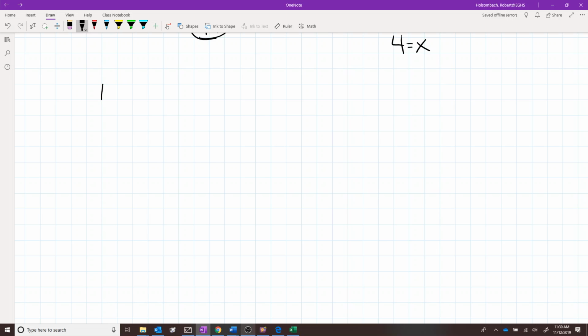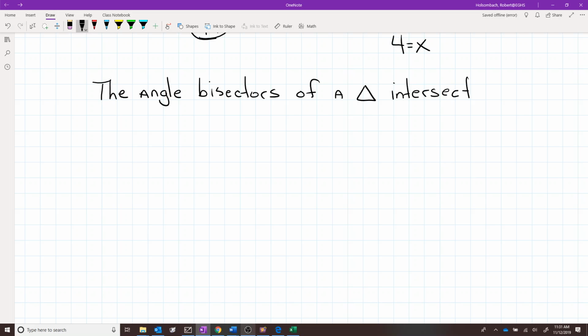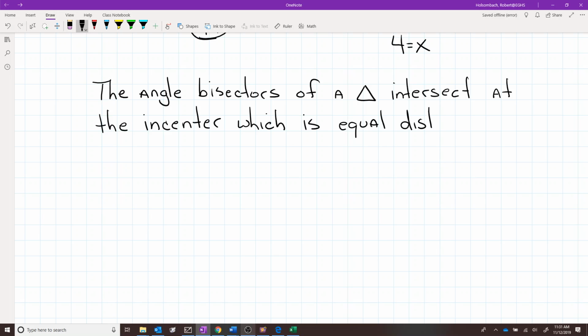It says the angle bisectors of a triangle intersect at the in-center, which is equal distance from the sides of the triangle.